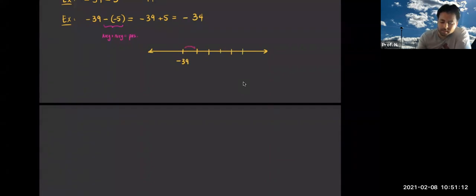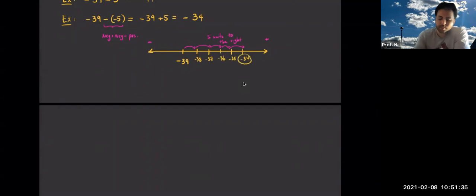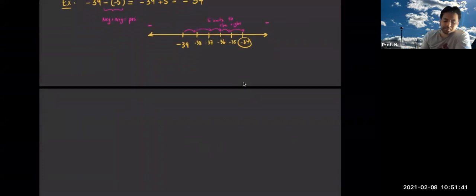So negative 39, 38, 37, 36, 35, 34, right? Again, when you move to the right, you're adding. When you move to the left, you're subtracting. That's another way to think about it. So this is negative 38, negative 37, negative 36, negative 35, and finally negative 34. That's why the answer would be negative 34. So that's two ways to think about this kind of problem.